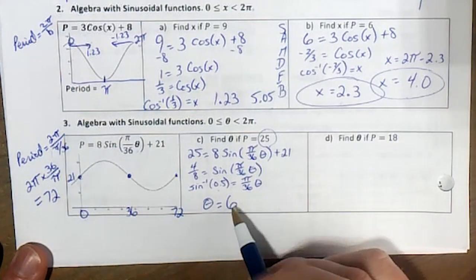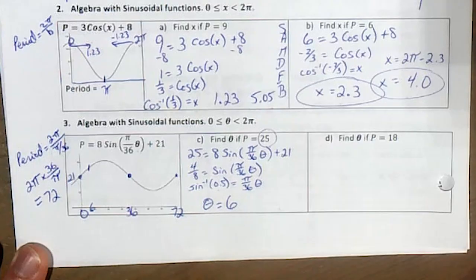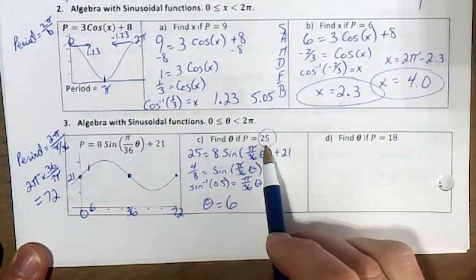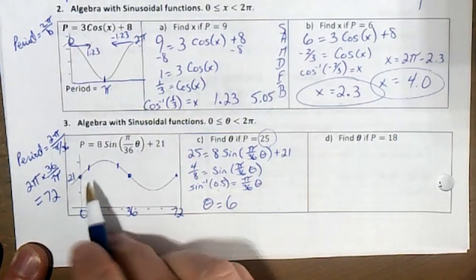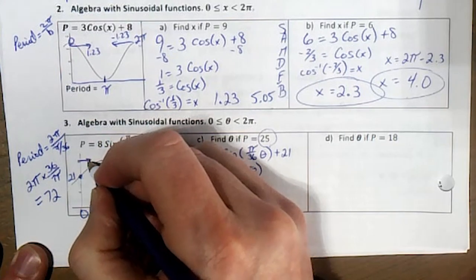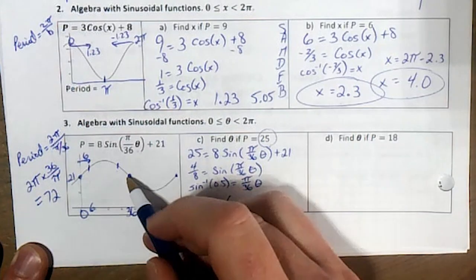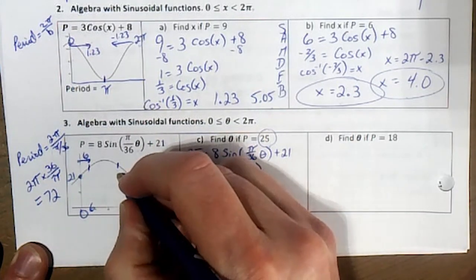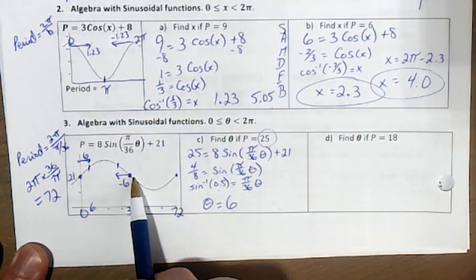So 6 is about there. Now it makes sense, 25 is above the 21, so my two answers are going to be quadrant 1 and 2. The first one is moving 6 units in, so I'm going to go to here and subtract 6. 36 is the midpoint.